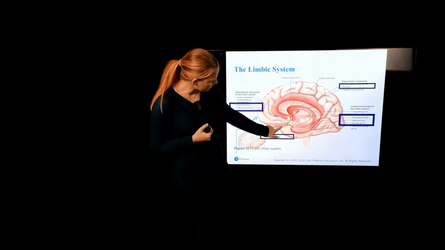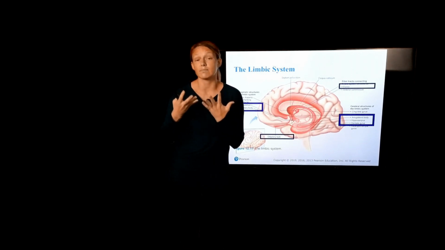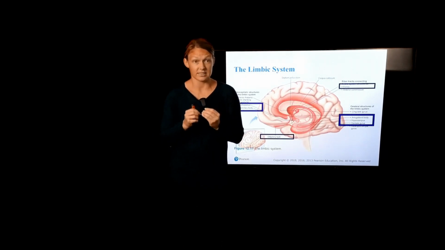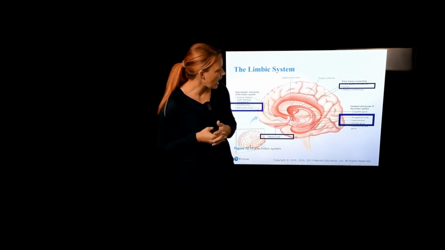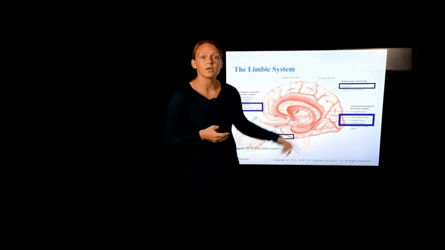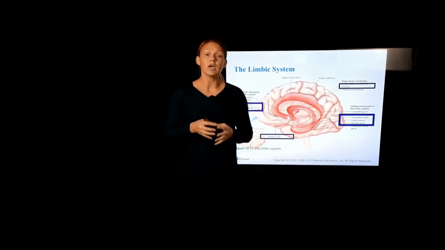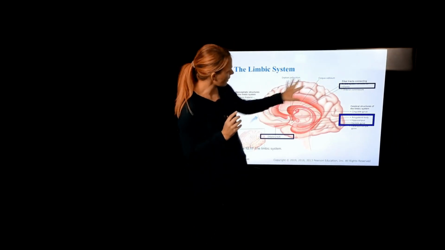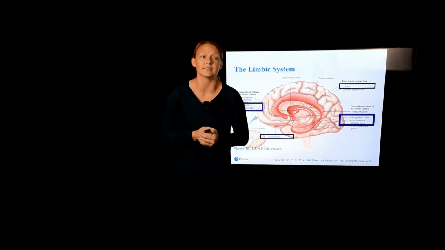You can see your olfactory bulb right here. And remember that olfactory, that sense of smell, is very closely linked to the sense of taste, right? They go hand in hand. And then we also have the fornix, which I highlighted up here. So those are kind of the key portions to the limbic system. And we're not going to cover all of them in depth. We'll cover some of them in depth today, but I want you to know those different ones that I have highlighted here on this slide. Know that they're key structures of that limbic system.